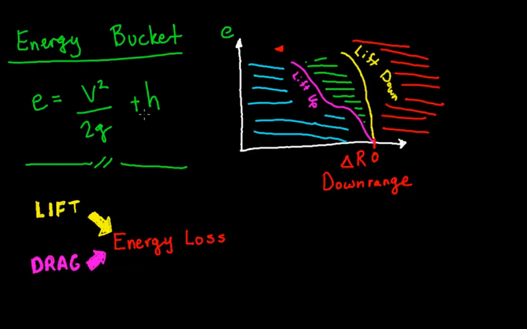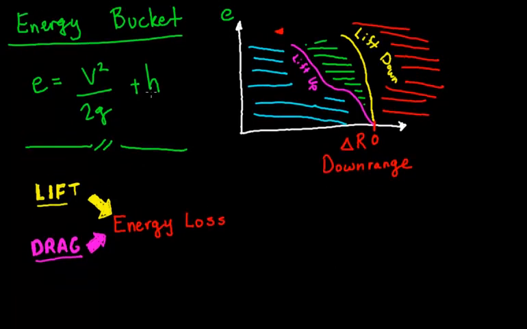So with that in mind, let's consider how you actually fly down and lose your energy. Your energy loss comes from 2 sources: lift and drag. These 2 forces will bleed off energy out of your system. And you might say, well, why doesn't gravity bleed energy out of your system?